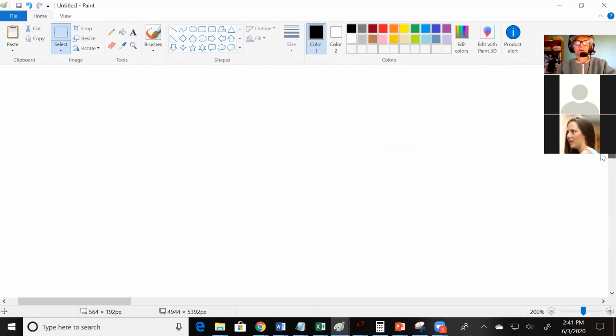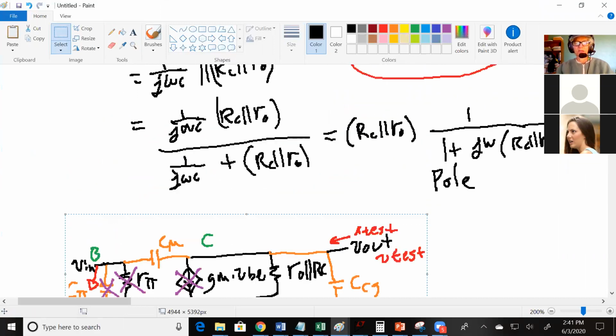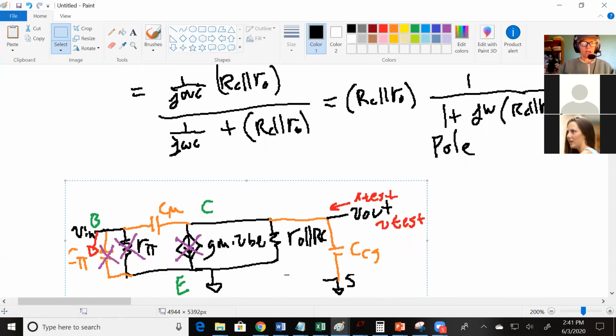So we found R out. What we're working on is gain. So if you have R out, what else do you need to find the gain? GM. GM. So I'll give you a couple of minutes. See if you can do the small signal analysis to find big GM of the circuit.